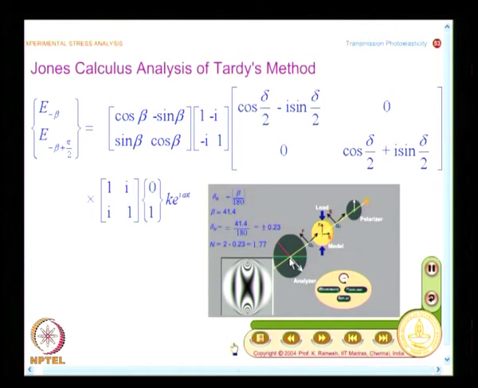So, I use this angle itself as a reference to write this. And what I am going to do here, I am going to multiply all the elements, find out the component of light, and what we are going to say is the light along the analyzer axis is 0. So, that is the condition I am going to enforce.